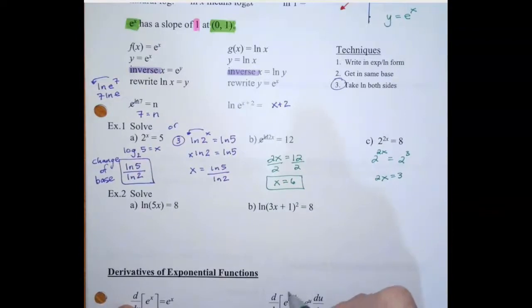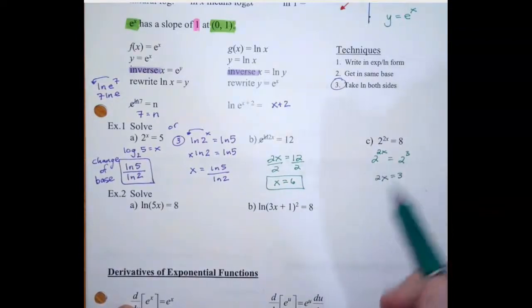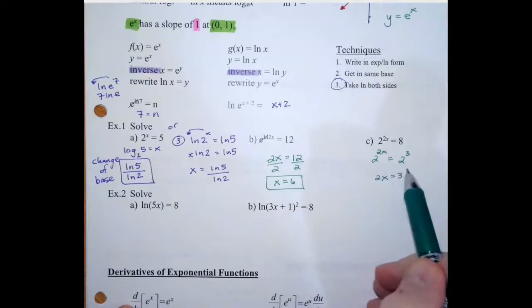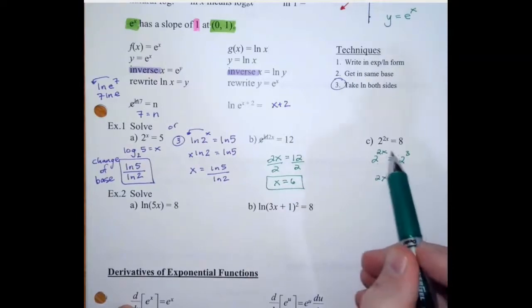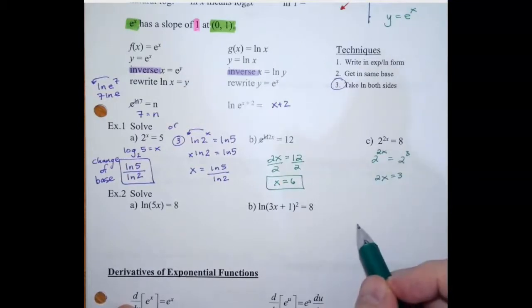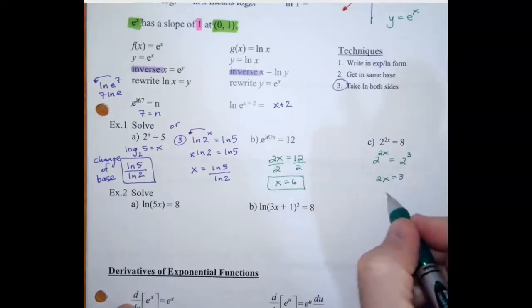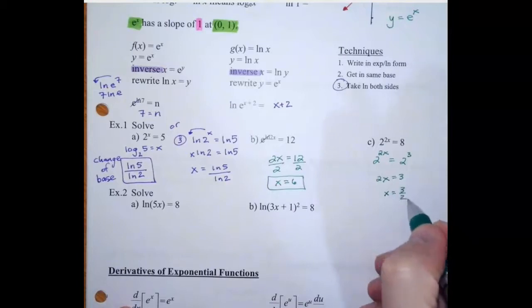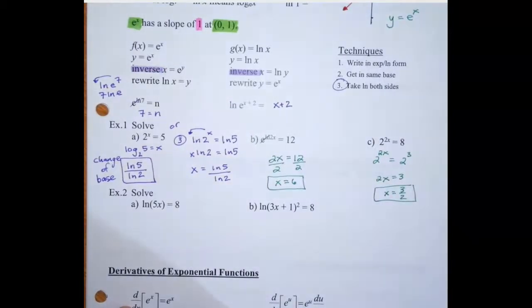Now sometimes students will say, well, what happened? Did you cancel the 2's? We didn't cancel the 2's. The bases are already equal. So if the bases are equal and this is equal, then obviously the exponents have to be equal as well. Okay? So that's one way to think about it, but if you don't like that, we can also solve this another way.